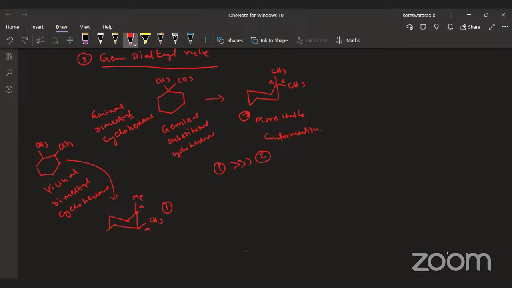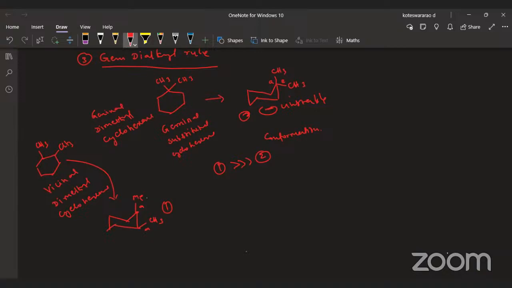Yet the same gem dialkyl cyclohexane derivative is regularly observed in naturally isolated terpenes and terpenoids, which have more stability.